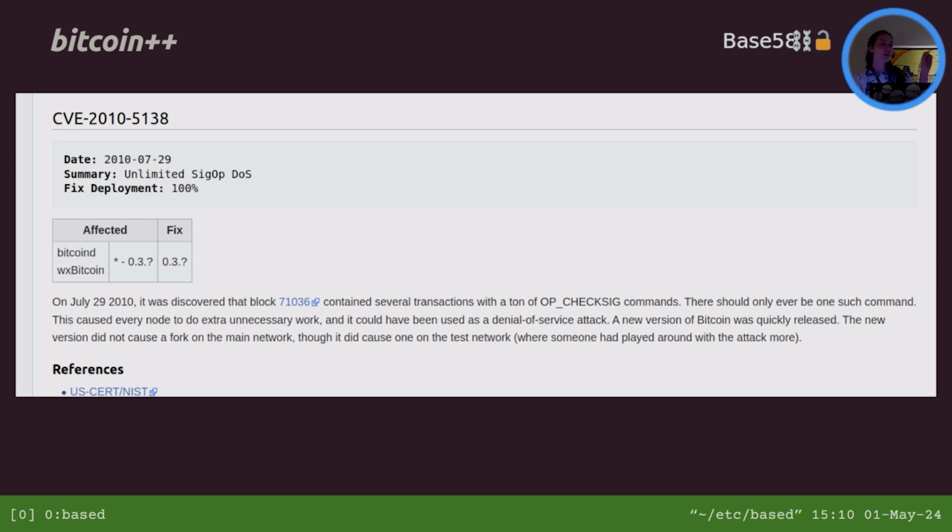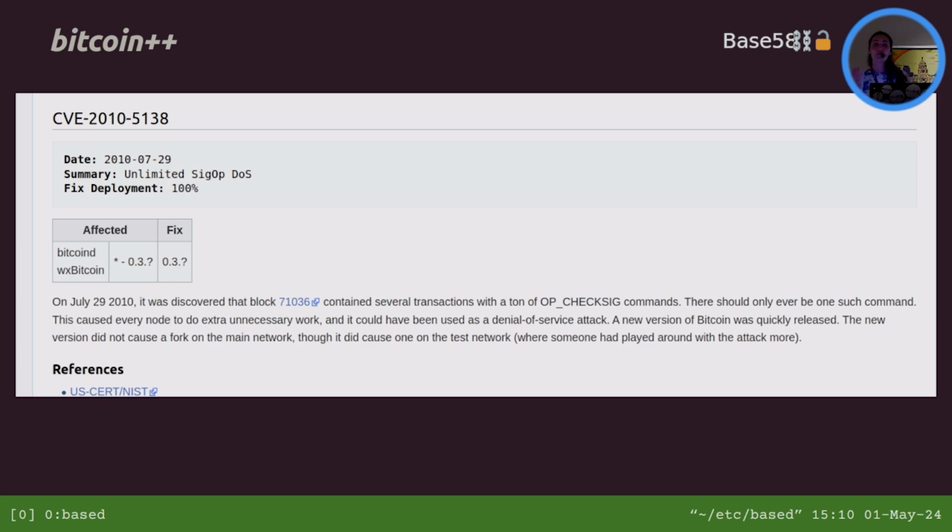So having a lot of signature checks inside a transaction means that every node on the network has to run that many signature checks before it can say, okay, this is a good block or this is a good transaction.